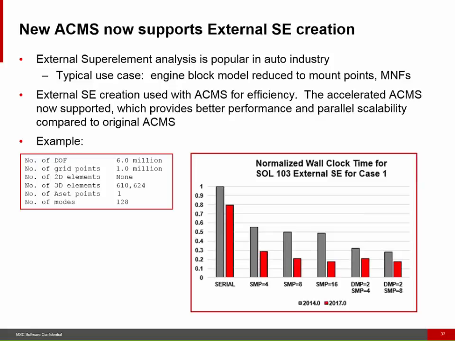So the accelerated ACMS method is now supported, which in most cases provides better performance and parallel scalability compared to the original method. So for this example, you see with an increasing amount of threads added to the solution, you get a quicker and quicker wall clock time, and the red bar is for the accelerated ACMS method, and the gray one is for the original ACMS method.